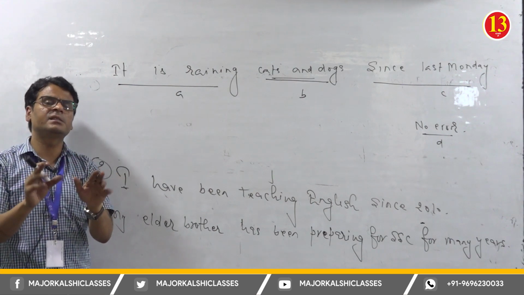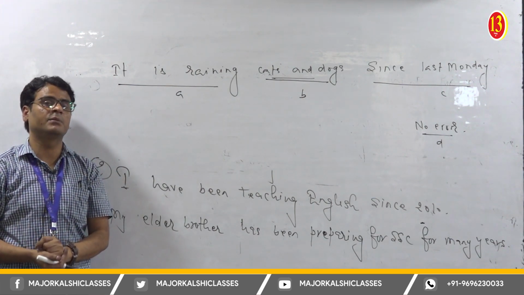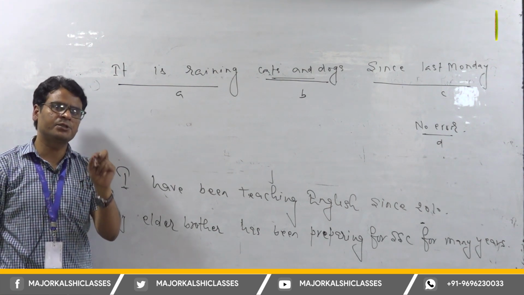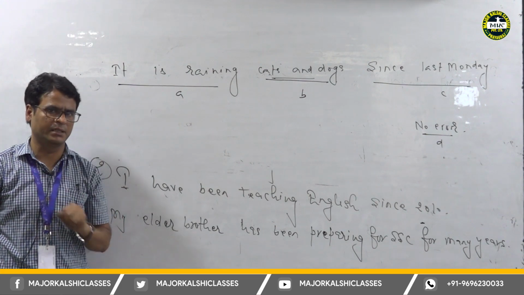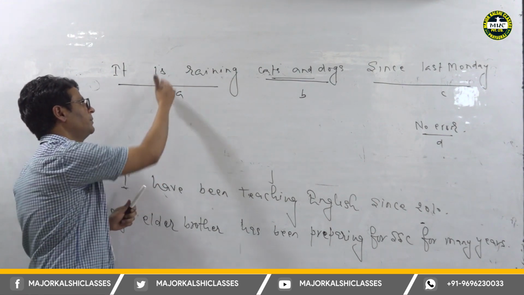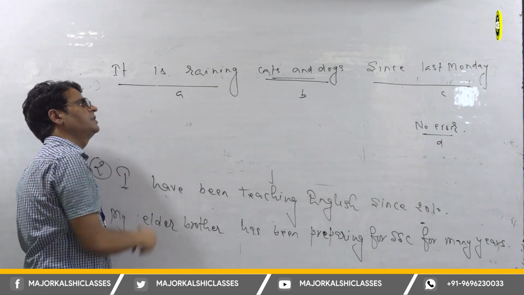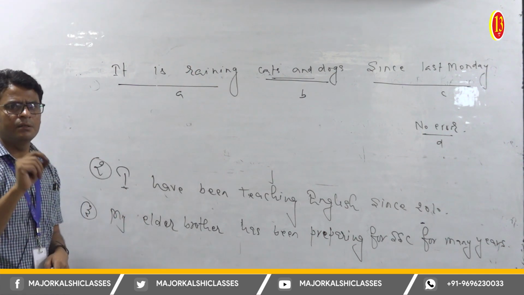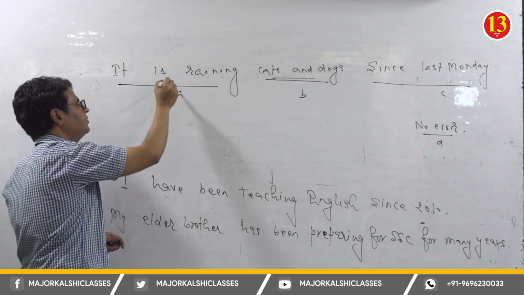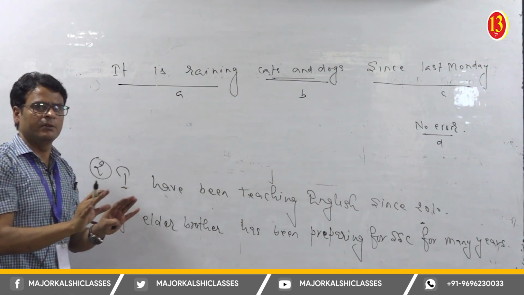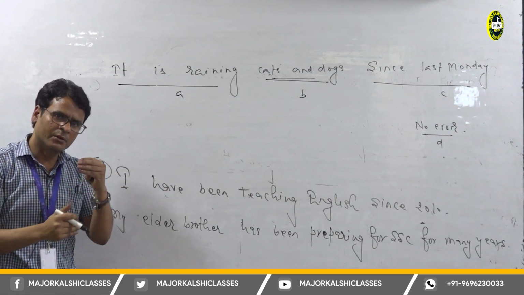If you find since or for and after that time expression, always remember the sentence must go in present perfect continuous tense, not in present continuous tense. And I used here present continuous tense, and in the C portion I used since last Monday. That is wrong. So we have to use it has been raining. We cannot say it is raining.